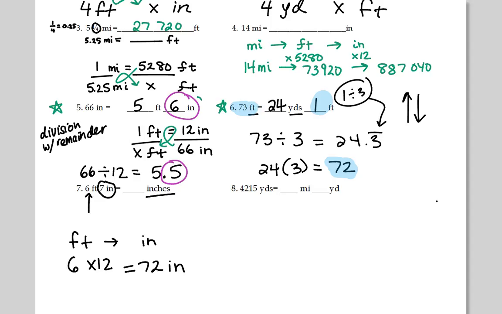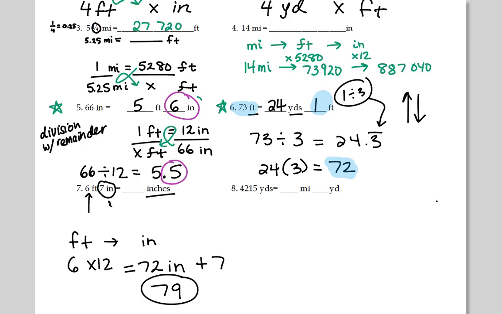Plus I already got these 7 here, so add another 7 and I got 79 inch. And again, you can see, what if you were given 79 inches and you were asked to go feet and inch? 79 has 6 perfect groups and 7 left over. This is the remainder. This 7 is the remainder.